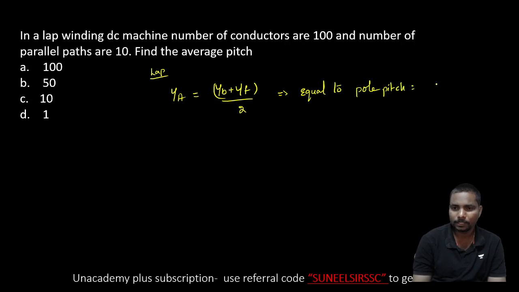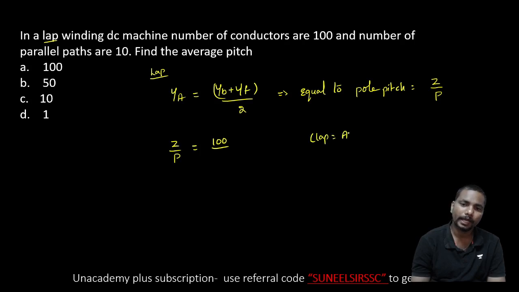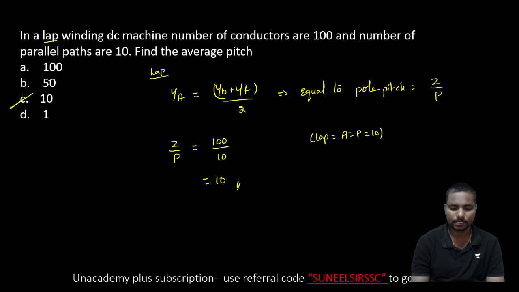Pole pitch is the number of conductors per pole, Z by P. The number of conductors is 100, and they have not given the poles, but in lap winding A is equal to P. So parallel paths are 10, our poles are 10. So the average pitch is 100 by 10, that is 10. So the answer is option C.